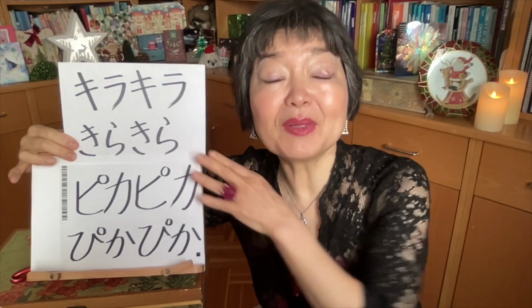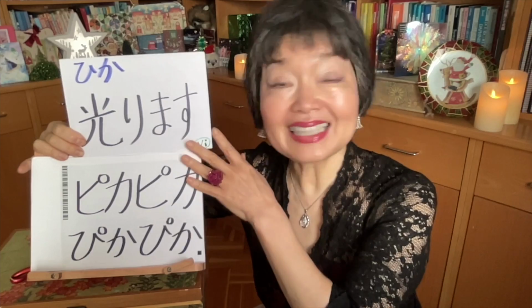The first of them, PikaPika, is something that is shining. This meaning of shining conditions is quite similar to Kirakira, that we learned in our video Onomatopoeias number 1. Right? So Kirakira is shining things. PikaPika is also shining things. Then what's the difference?